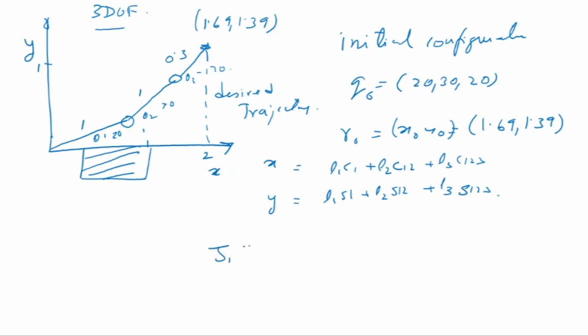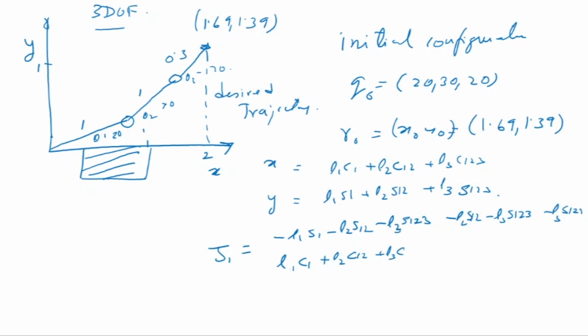When I take the derivative, I get the first term J1 equal to minus L1 S1 minus L2 S12 minus L3 S123, then minus L2 S12 minus L3 S123, and minus L3 S123. Similarly I get the second row, which is L1 cos θ1 plus L2 cos θ12 plus L3 cos θ123, second would be L2 cos θ12 plus L3 cos θ123, and the last one is going to be plus L3 cos θ123. So this is my Jacobian matrix.